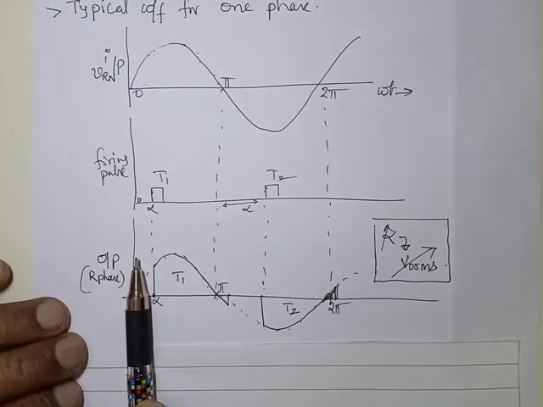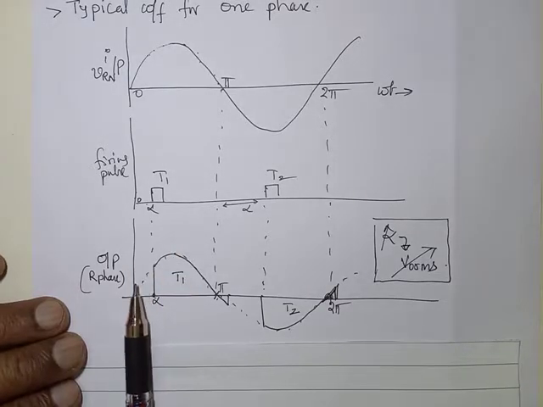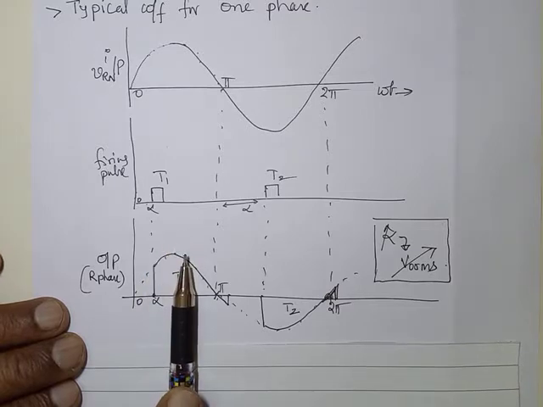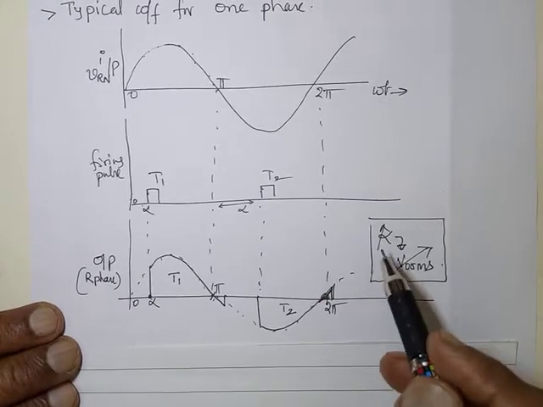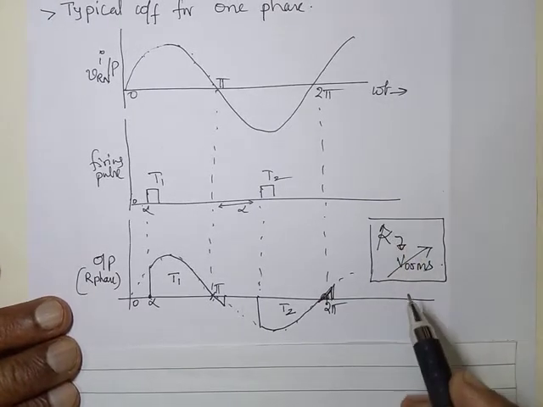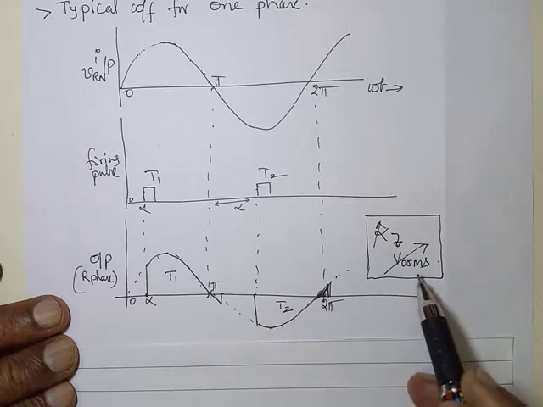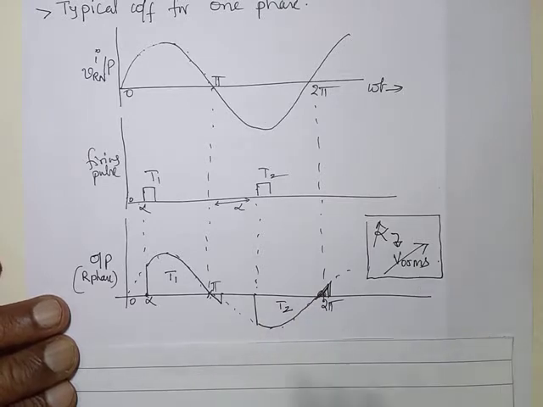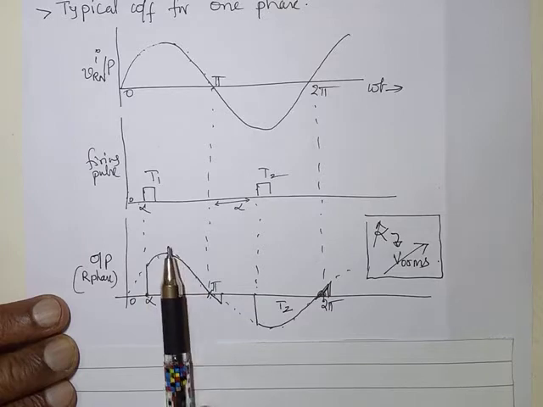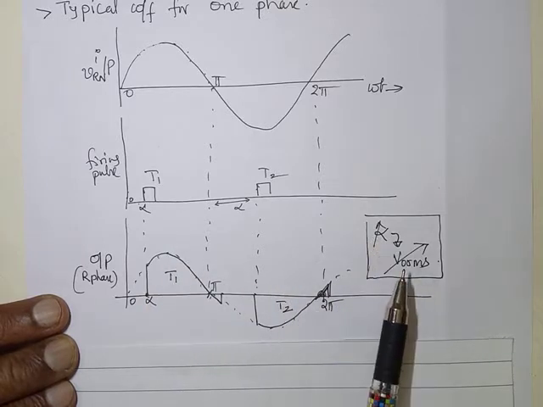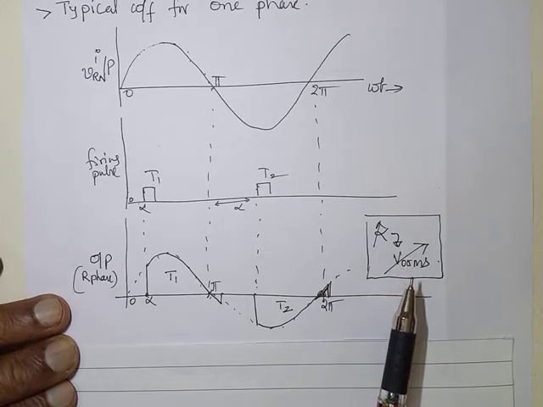Chopping it earlier will make the voltage more, chopping it later will make the voltage less, which means by changing alpha we can change the effective output voltage, the RMS voltage. So chopping, selecting a part, controlling alpha leads to variable voltage.